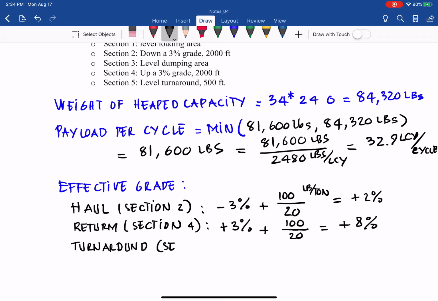And for that one, it is level here, so you will have 0% plus 100 divided by 20. So you will have plus 5%.